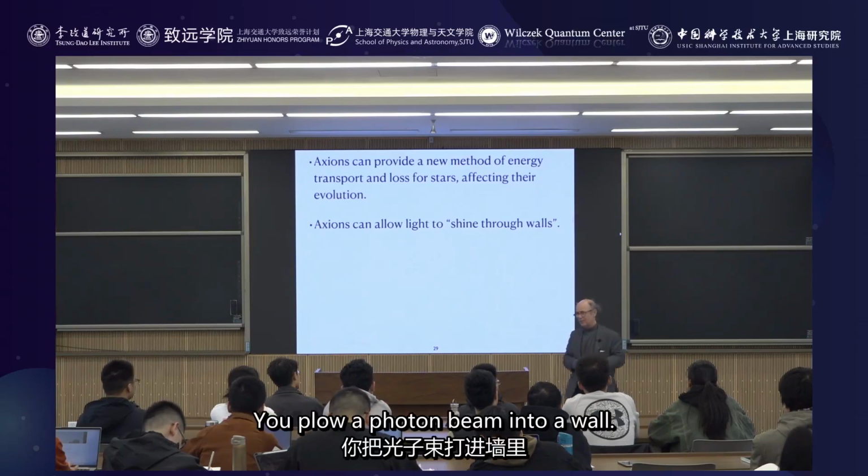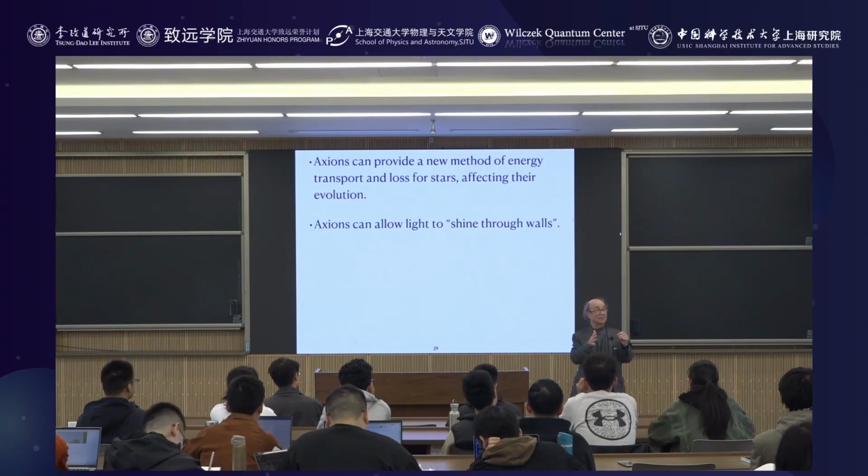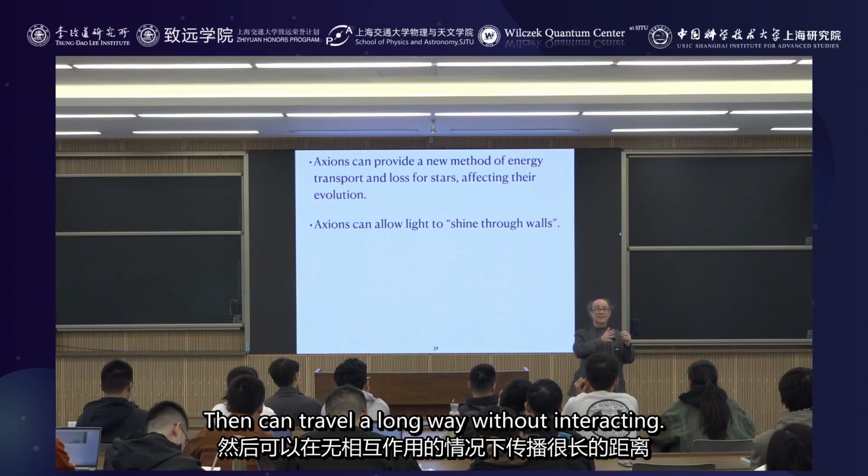So you plow a photon beam into a wall, and sometimes a little bit of it will convert into axions, which then can travel a long way without interacting.